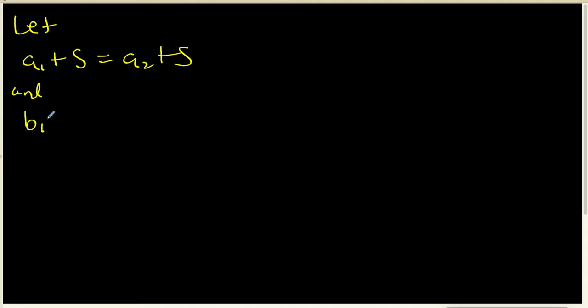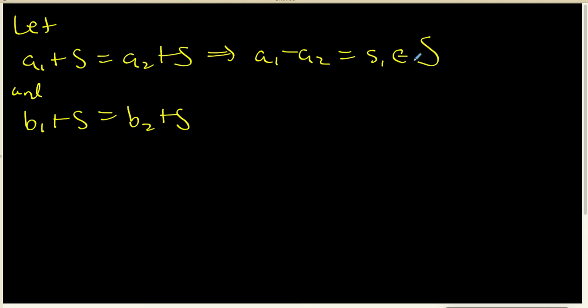In other words, we're going to start off by assuming that A1 plus S is equal to A2 plus S, and we're also going to assume that B1 plus S is equal to B2 plus S. Now that top one says A1 minus A2 is equal to something in S, and I'm just going to call that something S1. And the fact that B1 plus S is equal to B2 plus S says that B1 minus B2 has to be inside S, and we'll just let that be S2 for some S2 inside S.